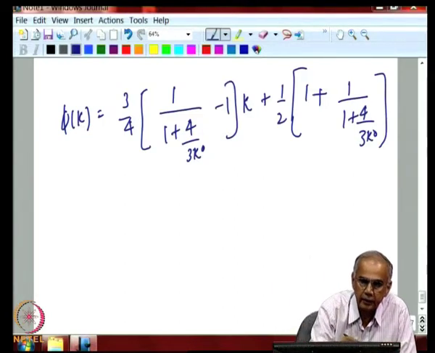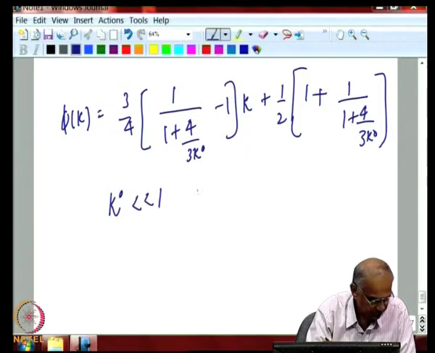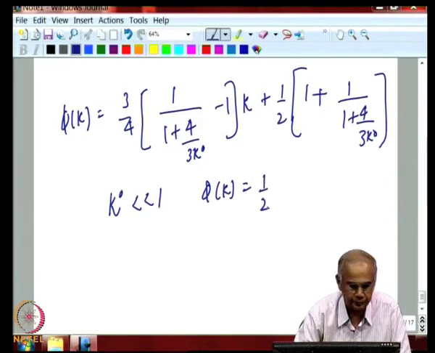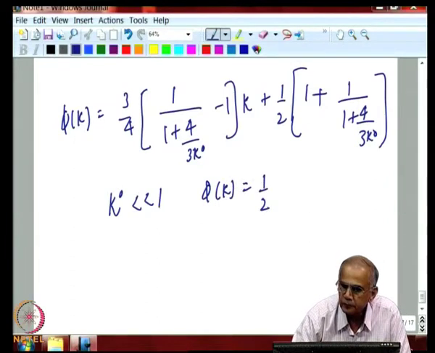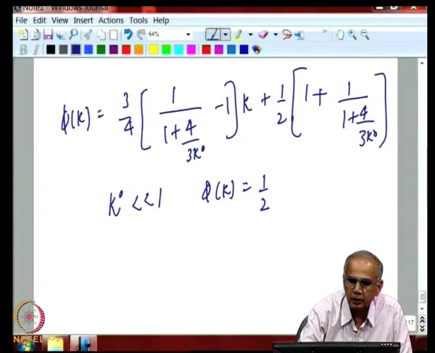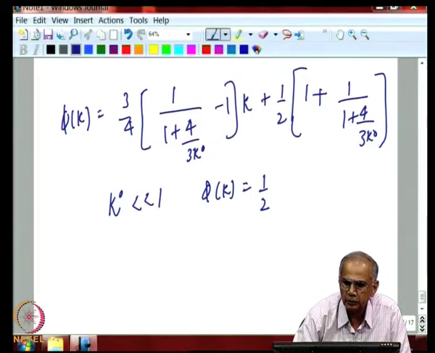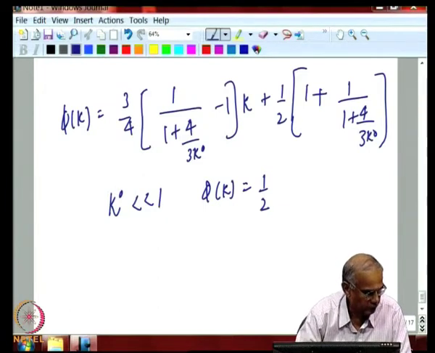And notice that in the limit as kappa 0 is much less than 1, phi of kappa becomes half. And that is most easily seen when you drop this term out and drop this term out. Phi equals 0.